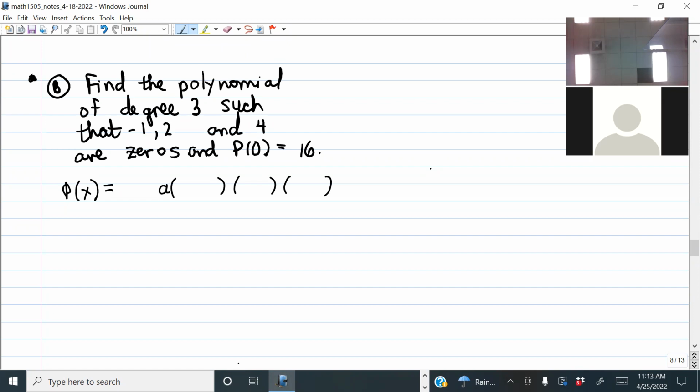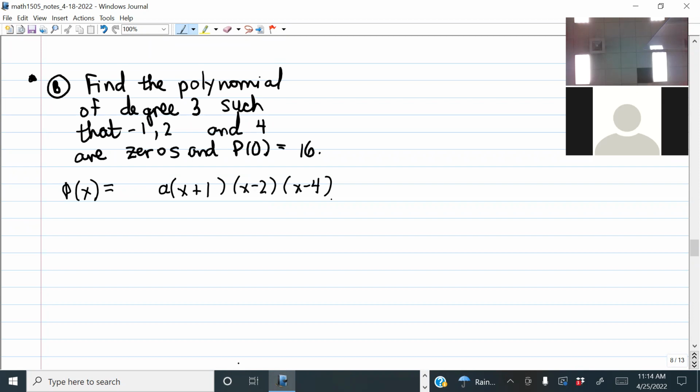Okay, did pretty good. Did y'all get that at home? Did y'all try that? Did y'all figure out what A is going to be? You know, when you factor this, you're going to have x minus a minus 1, which is x plus 1, to correspond to that x-intercept, and then x minus 2, and then x minus 4.